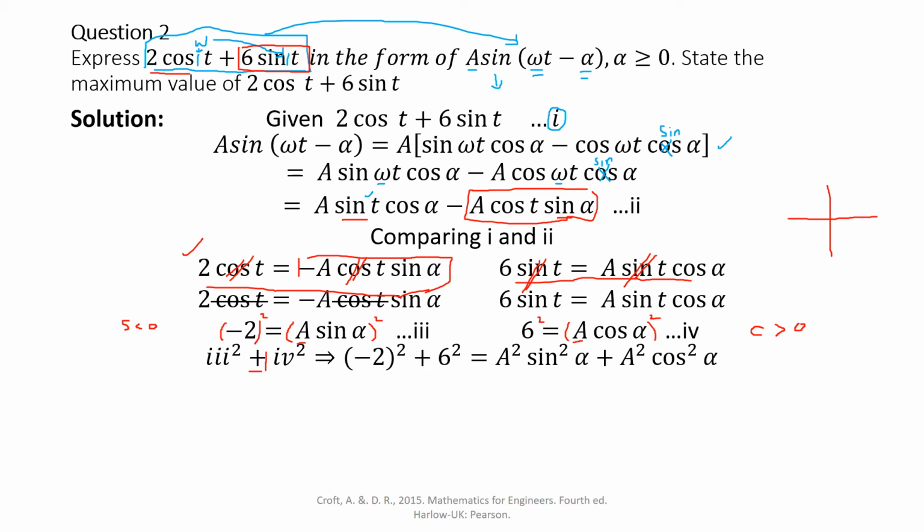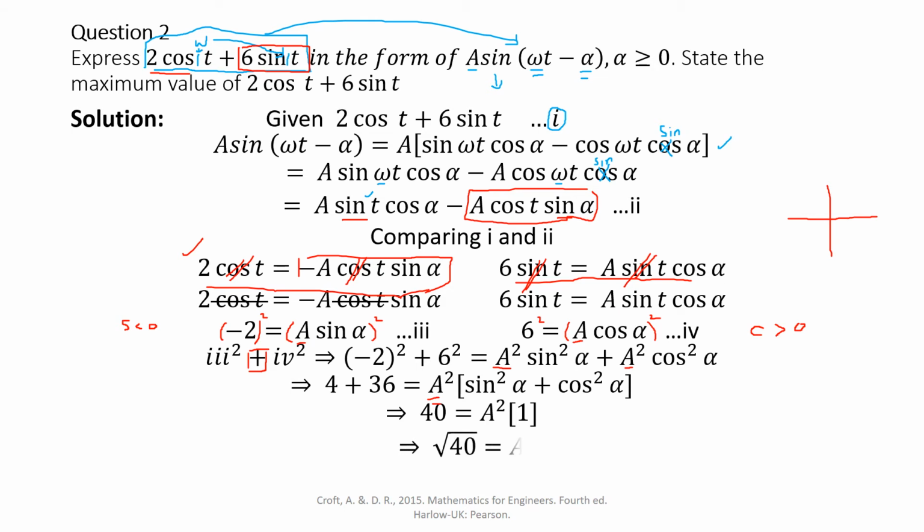So after adding, -4, a square was common, went outside, factored out, then 40 a square equals a square, so a is under the square root of 40.